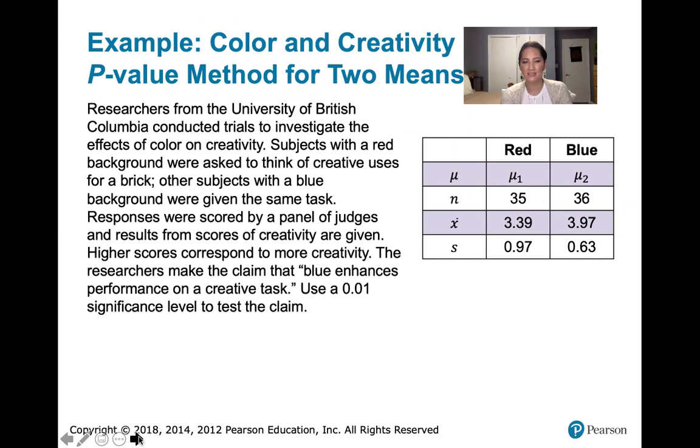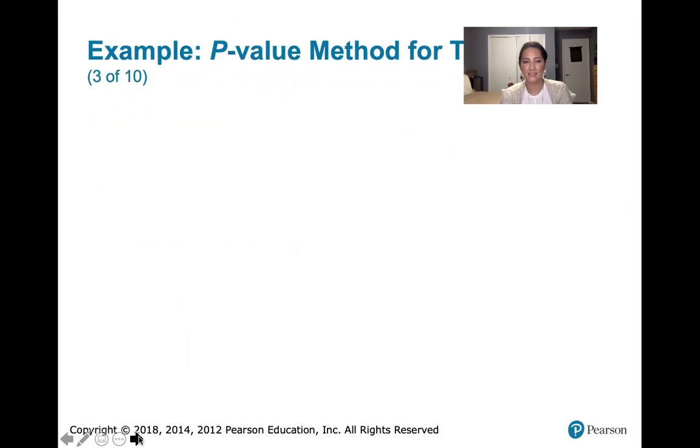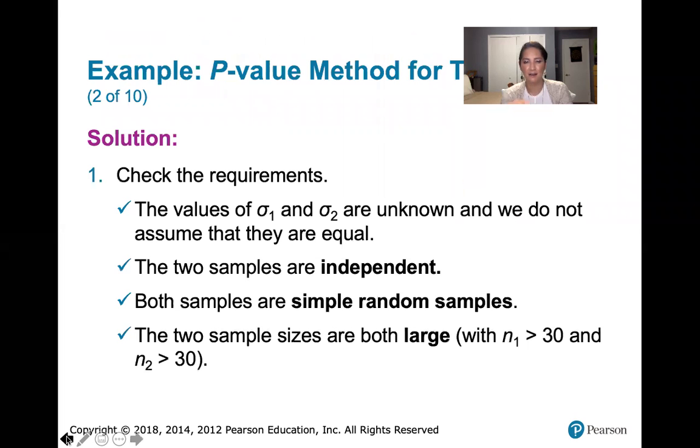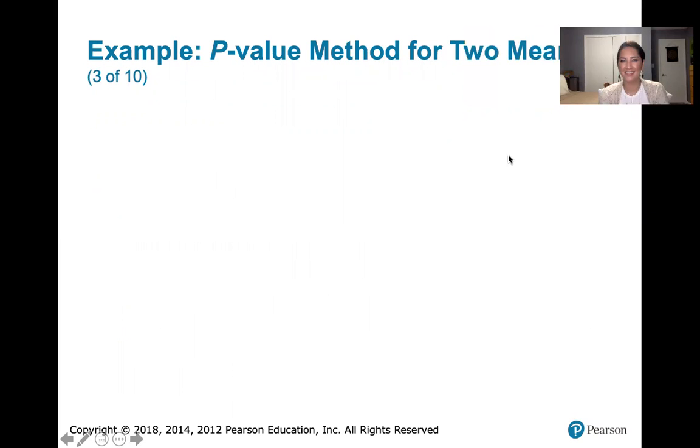So both sample sizes are larger than 30. And that is enough for us to assume that the sampling distribution of the sample means, or the difference between the sample means, is approximately normal. So our requirements are met.